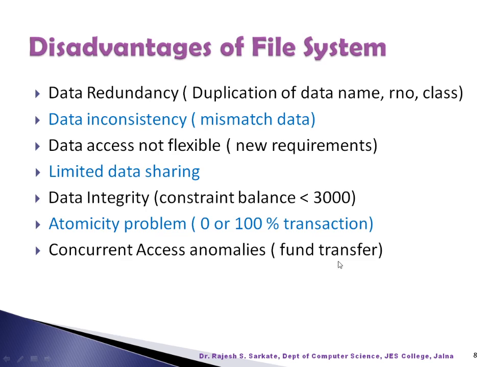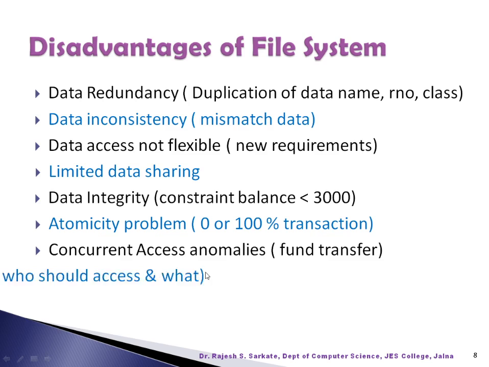For example, if you are using a bank account and you are transferring funds from one account to another, then until that operation completes 100%, no other user should be able to retrieve the account information. Concurrent access anomalies are created when multiple users try to access the same data at the same time. Then it creates problems, and it may give non-updated or wrong data to different users.